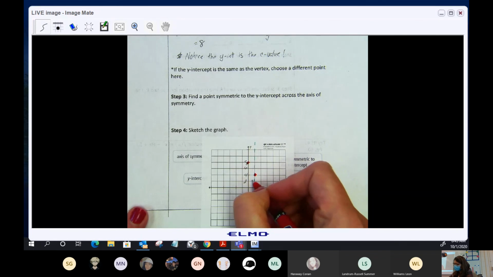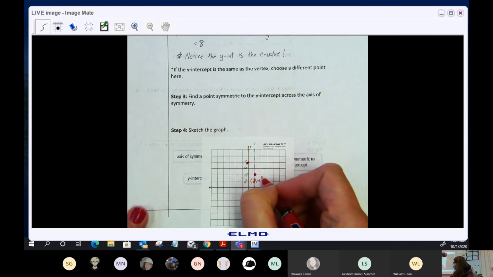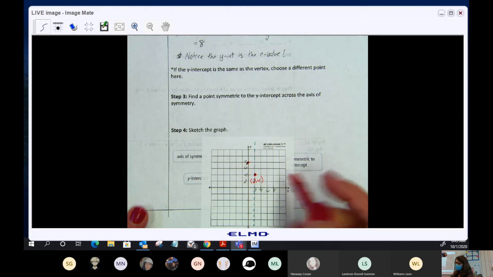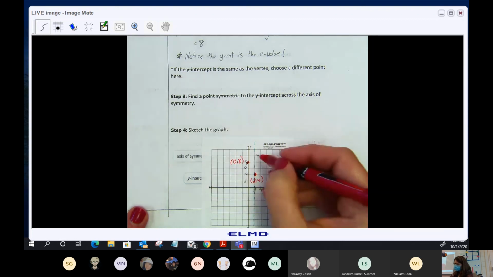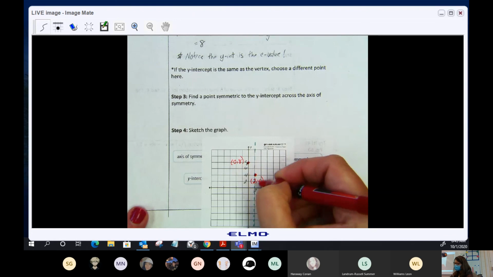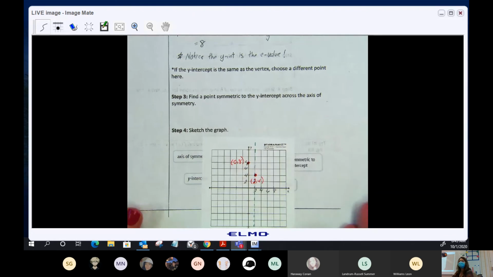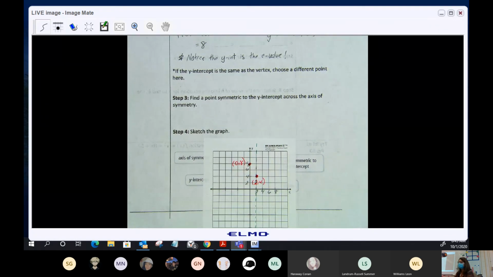Let's go ahead and label this. This was your vertex at 2, 4. Here's your y-intercept at 0, 8. And we have this axis of symmetry. Now remember, that axis of symmetry divides that parabola into 2 symmetric parts.